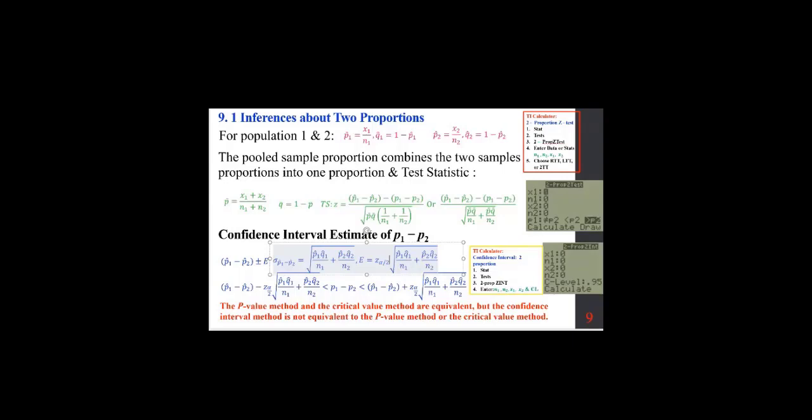Now, the other thing I want to add is extremely important when you calculate your test statistic. When we look at p1 minus p2, this part goes to 0 because it comes from H0, the null hypothesis.